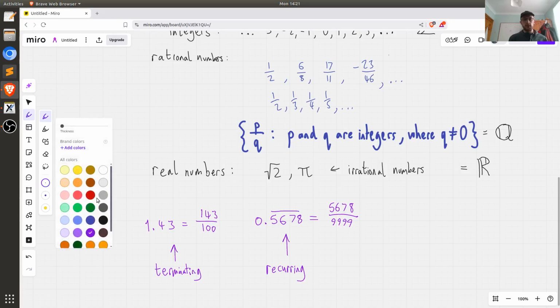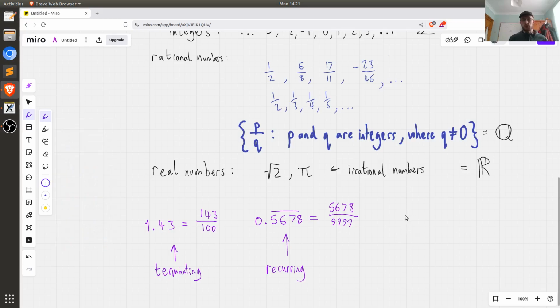It's troublemakers like the square root of 2 that cause us to think about what are called irrational numbers. As the square root of 2, when you observe its decimal form, goes on forever and ever and never repeats itself. It never gets stuck in a loop or a cycle.